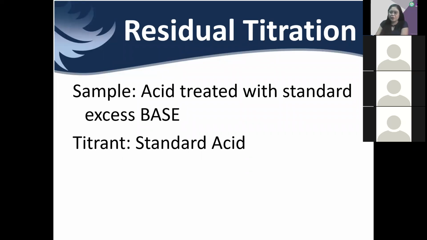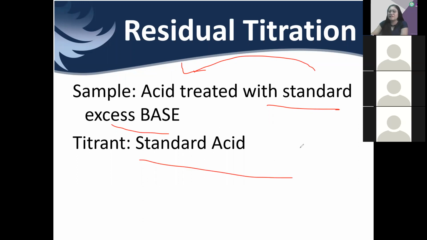So for the residual titration, again, you will still have acid as the sample here. Okay, since we are talking about alkalimetry, but we will have 2 titrants. The other one is a base that is added in excess, ina-add ito dito sa sample natin which is an acid. And then another titrant will be used which is a standard acid.